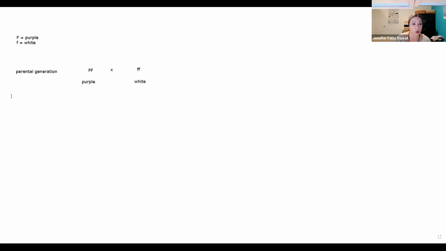Now, the first thing that you need to do when you do a Punnett square is figure out what the gametes will be, the gametes that are produced by the individual organisms. Now, keep in mind that plants have egg and sperm as well.